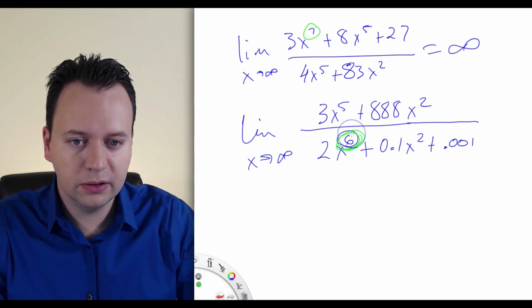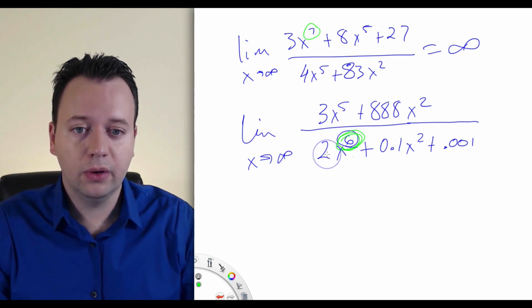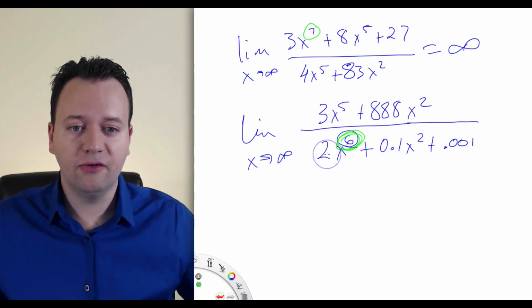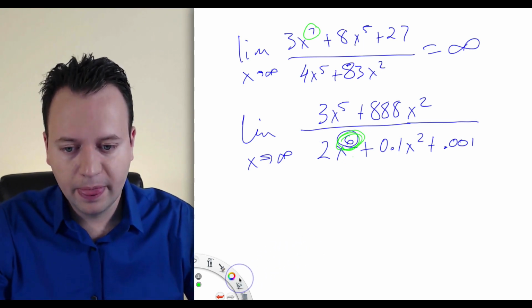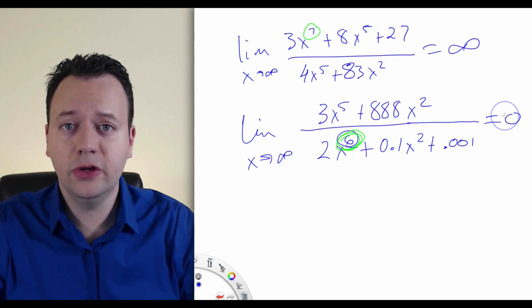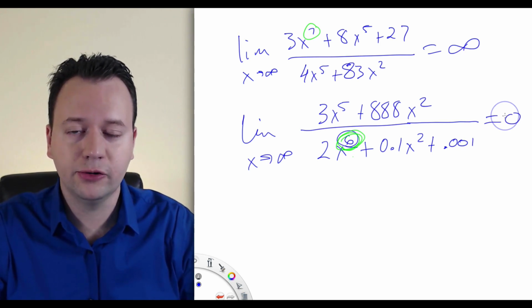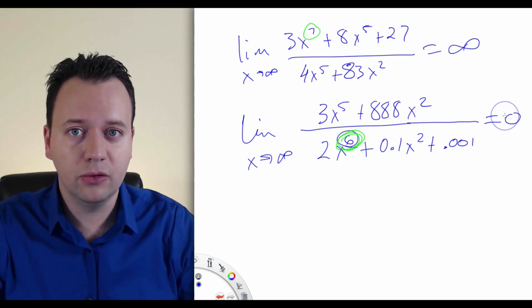Right, it's right here. x to the 6th beats x to the 5th. So the bottom is becoming larger at a faster rate than the top. So you're dividing by larger and larger numbers, and the whole thing goes to 0. So that's what you do if you have rational functions with polynomials that are not the same order in the numerator and denominator.